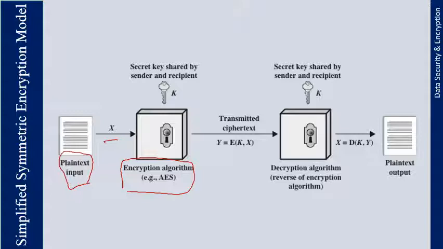In combination with the encryption algorithm, there must be a secret key shared by the sender and the receiver. This is actually the third ingredient of our symmetric encryption model. The secret key is also an input to the encryption algorithm. The key is a value independent of the plain text.